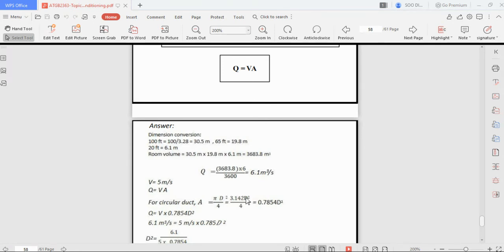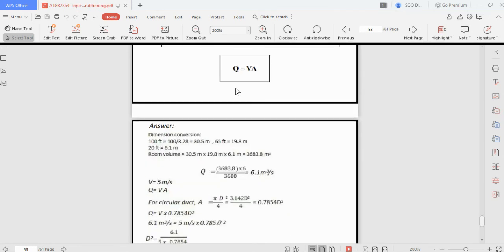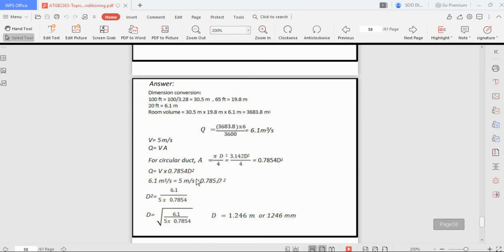So you simplify this up, you'll get a constant d squared. And then this is a second formula, Q equals to V times 0.754. So the next one is this 6.1 equals to this.